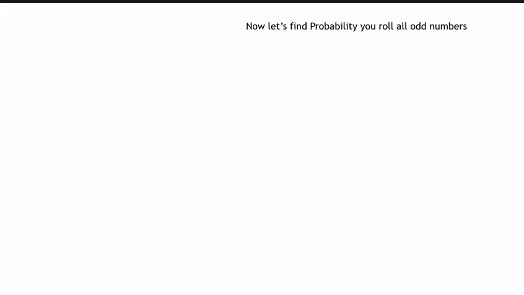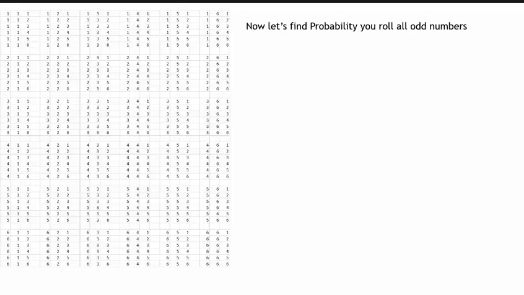Okay, now let's find the probability that you roll all odd numbers. Let's think about our sample space and what that is going to look like. Here's a set with all odds. Let's see, these are all odds. This whole column's out because it's got 2's in it.